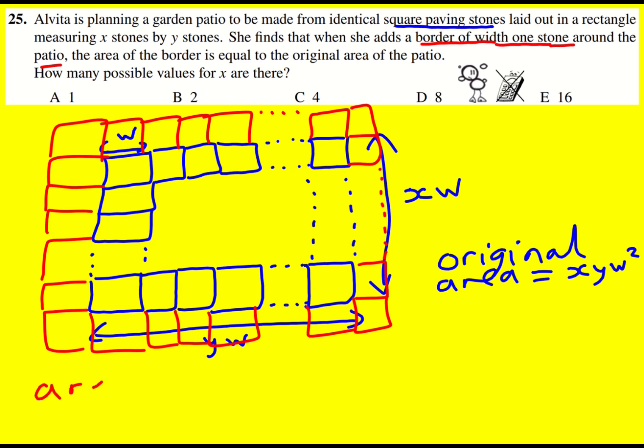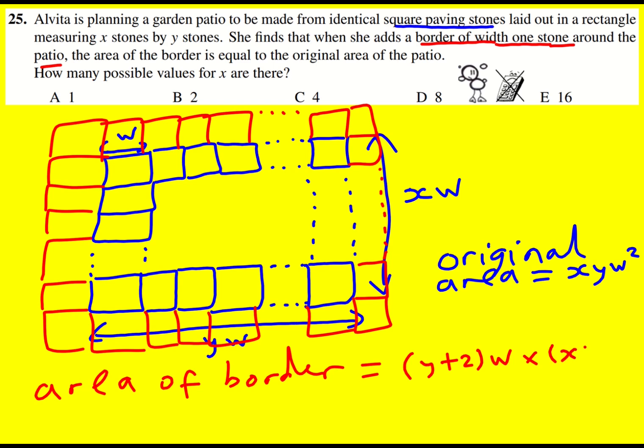So the area of the border is going to be, well, now instead of y stones, I've got y plus 2 stones. And instead of x stones, I've got x plus 2 stones. But that is the full area, so now I need to minus that xyw squared that I had before.